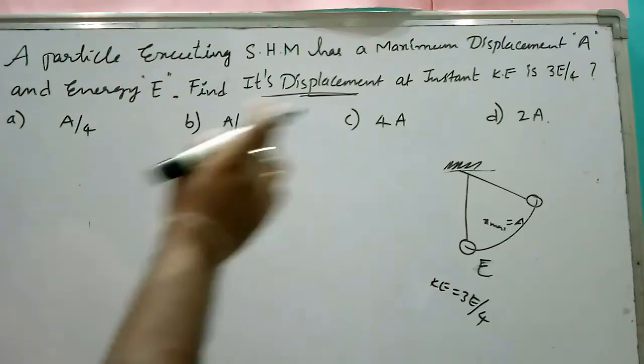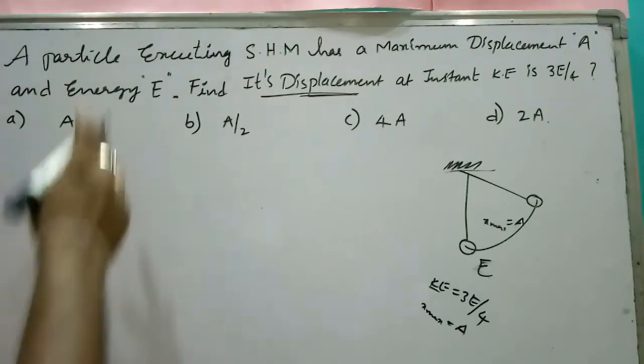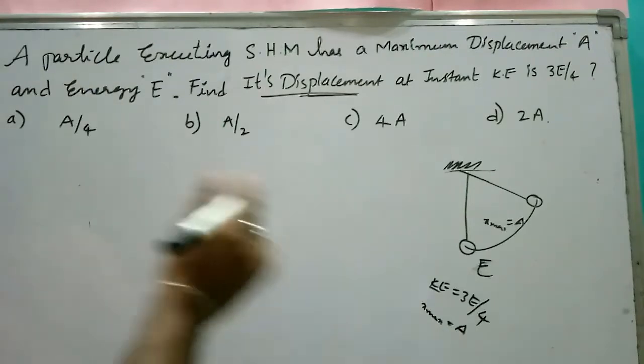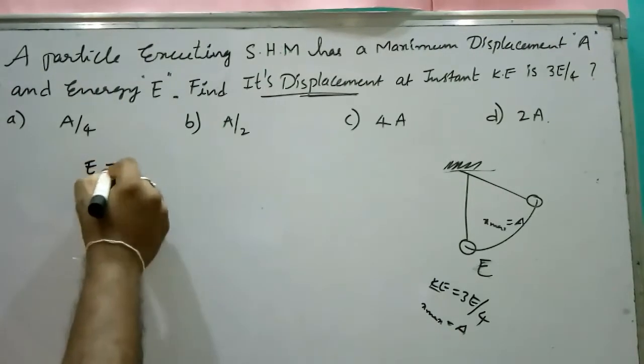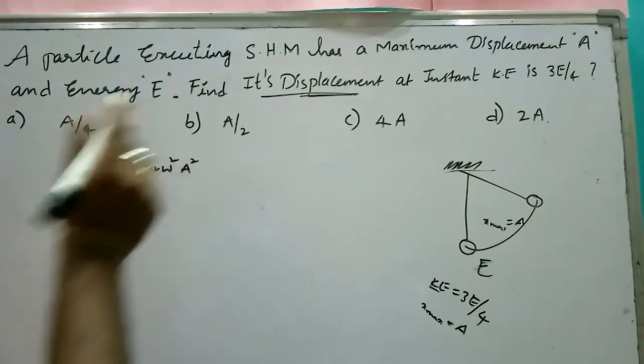So the maximum displacement is X maximum equal to A here. The energy of this oscillator, we know, is half m omega square A square.